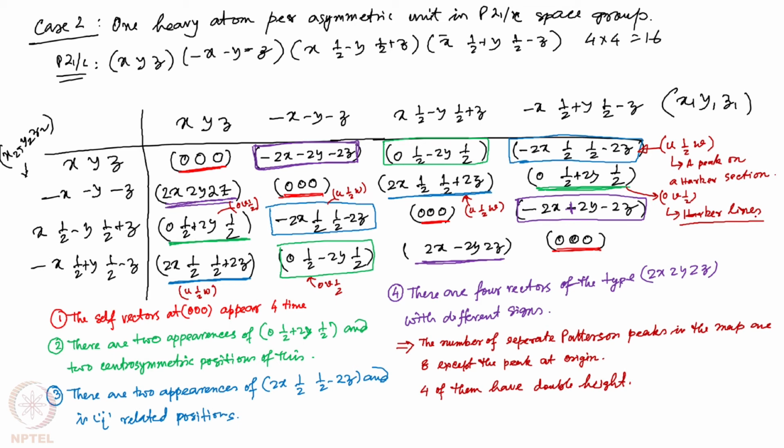So by identifying these peaks and getting their coordinates determined from the Patterson map, one can then calculate the coordinates of x, y and z from the various values of u, v and w determined from the Harker lines and Harker sections, and then calculate the position of the heavy atom.